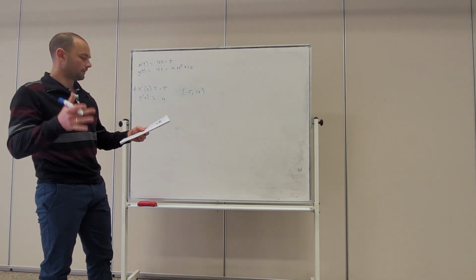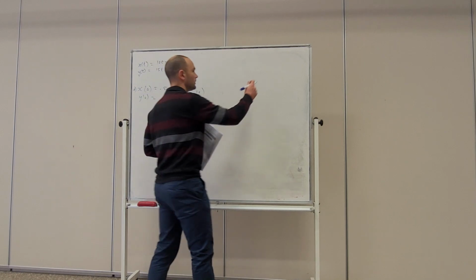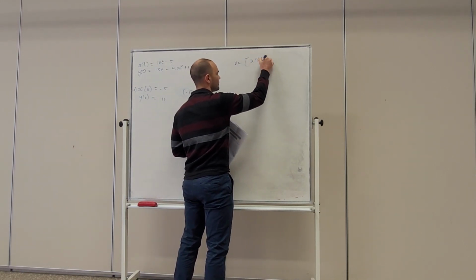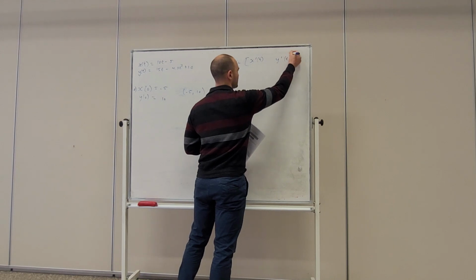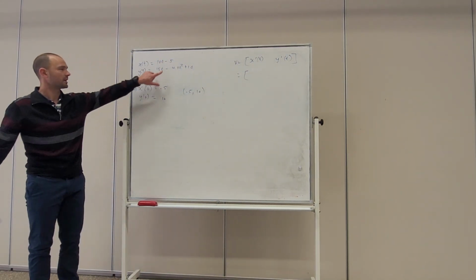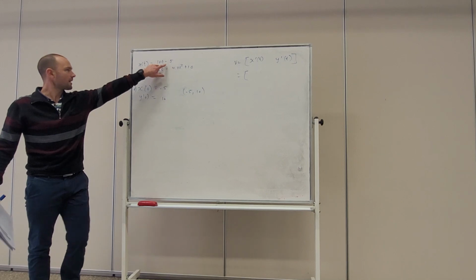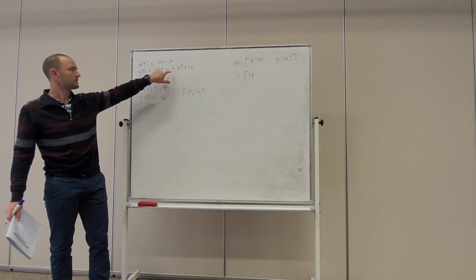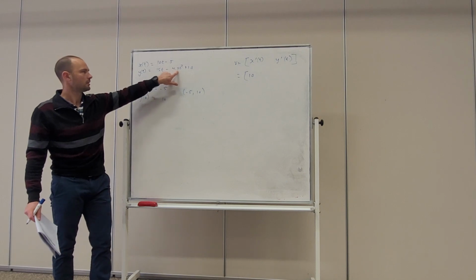Okay, find the initial velocity vector and speed of the rock. So the initial velocity vector is x dash of t, y dash of t. When we differentiate each variable with regards to t, the derivative of x is going to be 10, and the derivative of the y component is going to be 15 take away 9.8t.